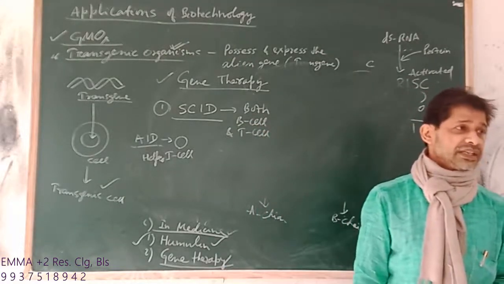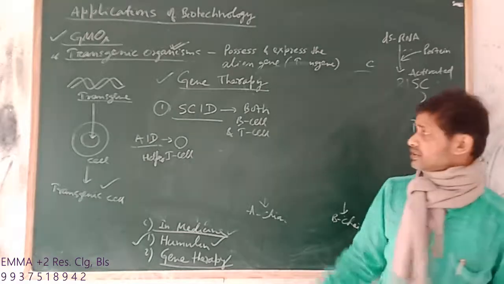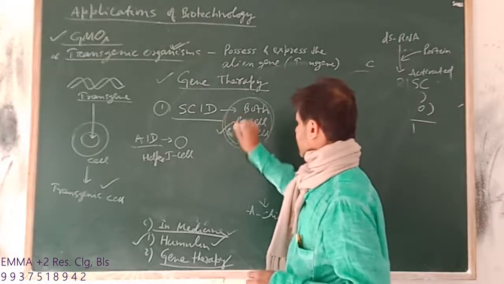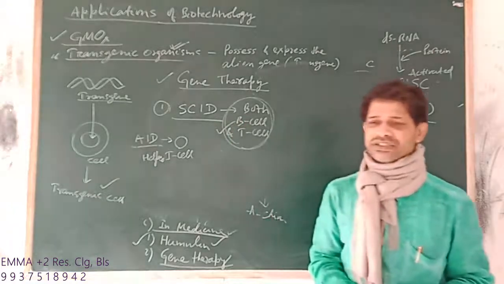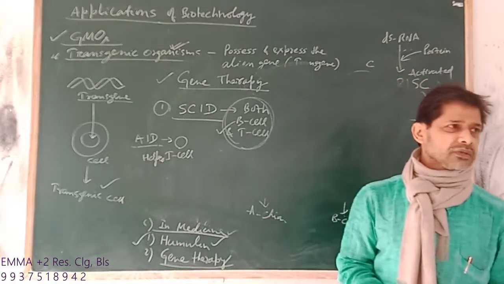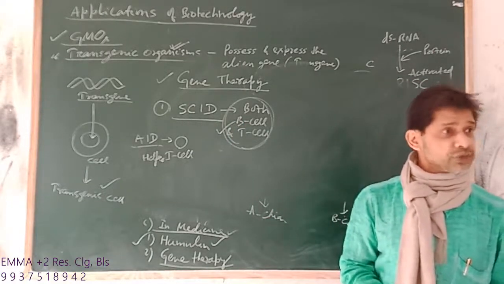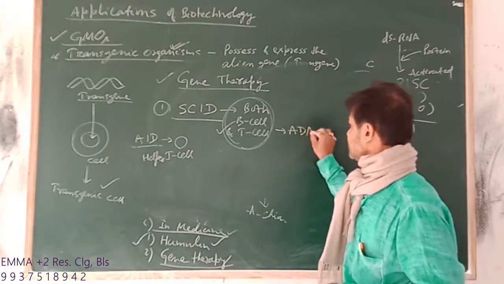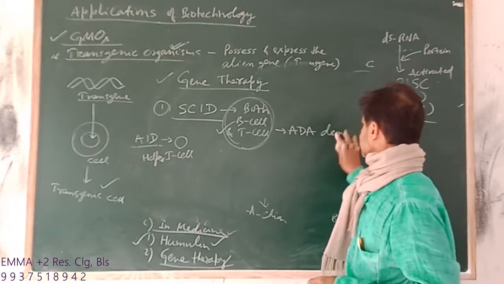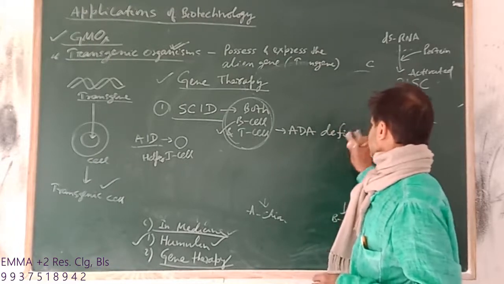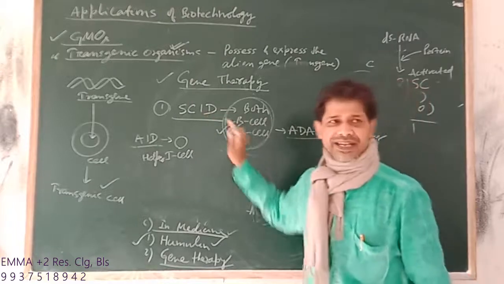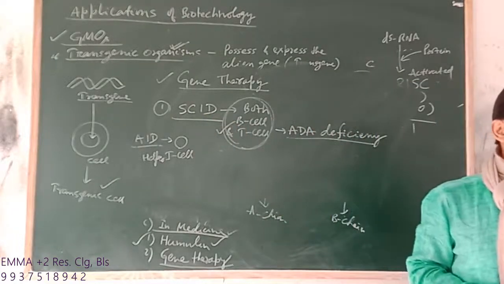This is a genetic disorder where both B cell and T cell become non-functional. Why non-functional? Scientists noticed it is due to a deficiency of ADA. So SCID is an ADA deficiency disorder.